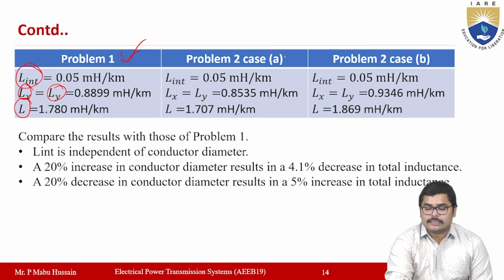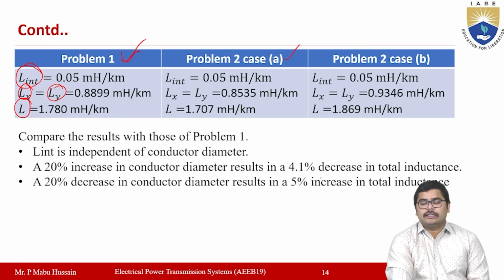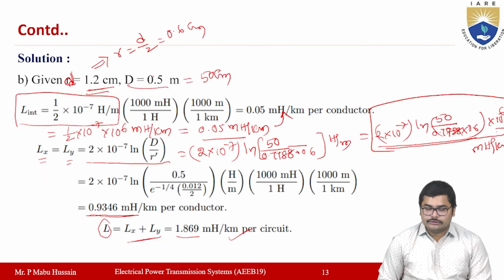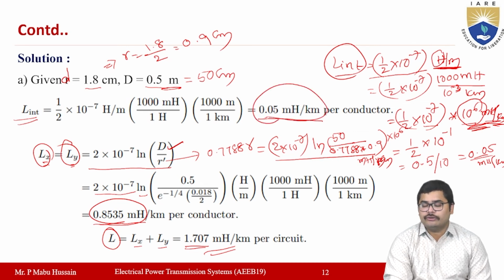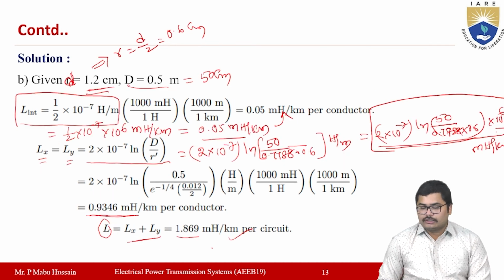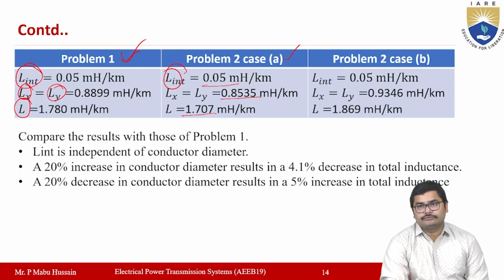In problem 2, case 1, the diameter is increased by 20%. In such a case, you get the internal inductance to be 0.05, the inductance of each conductor considering both fluxes to be 0.8535, and the total inductance is 1.707. So we write 0.05, 0.8535, 1.707.